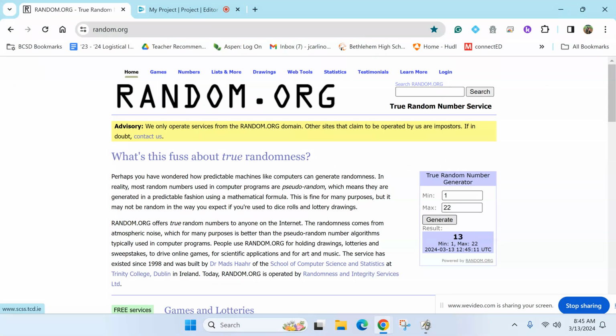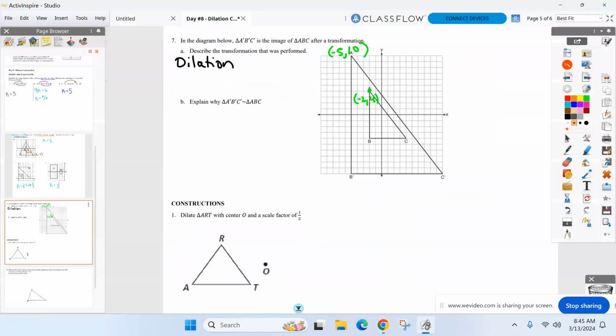Hopefully bigger than 1. Jonathan, did you find that scale factor? 2.5. So dilation with scale factor, or you can put K equals 2.5. That's still not good enough.